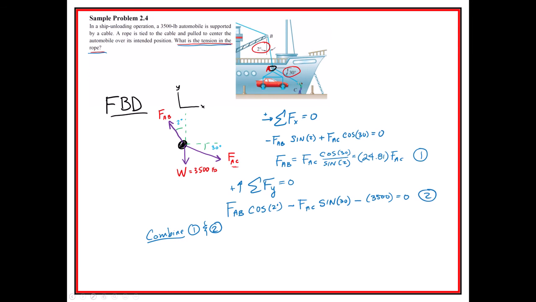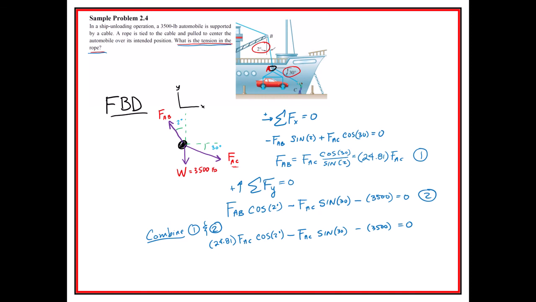All right. So I take that 24.81 FAC, and I forgot to multiply it by my cosine of 2 degrees. It's probably not going to make much of a difference because cosine of 2 degrees is going to be pretty close to 1. And then FAC times the sine of 30 degrees minus 3,500 equals 0.